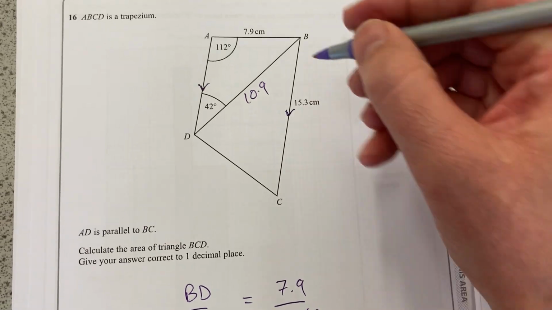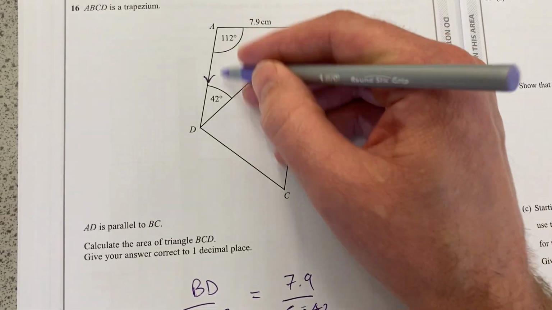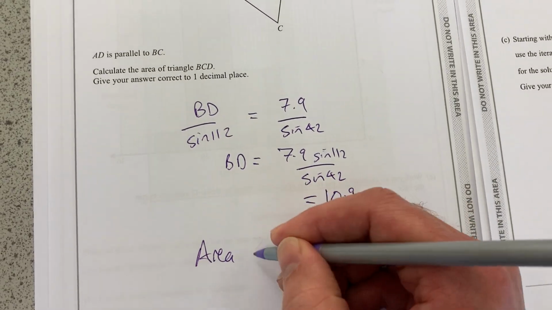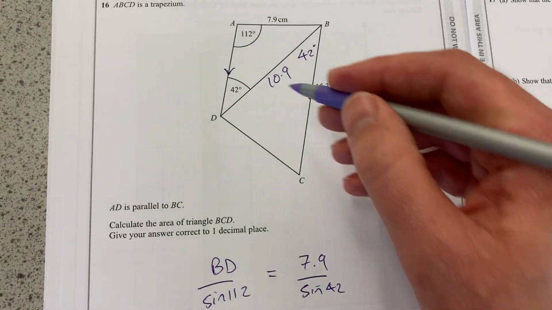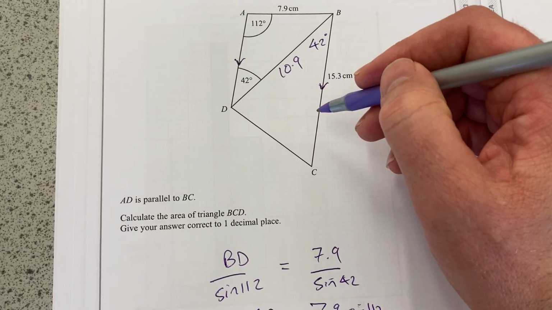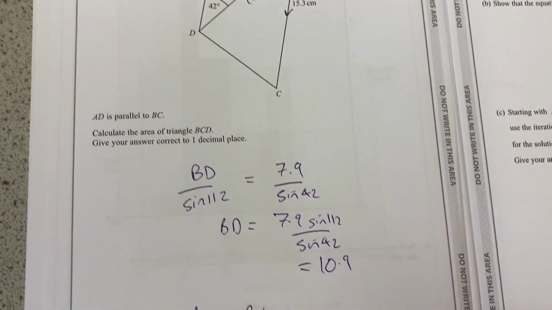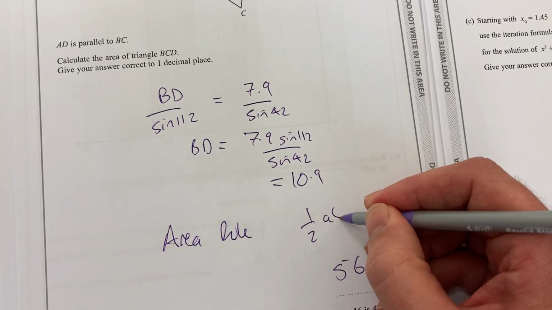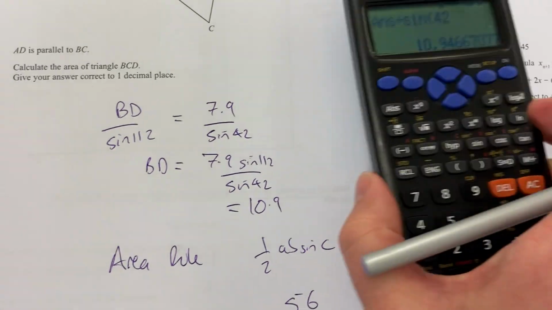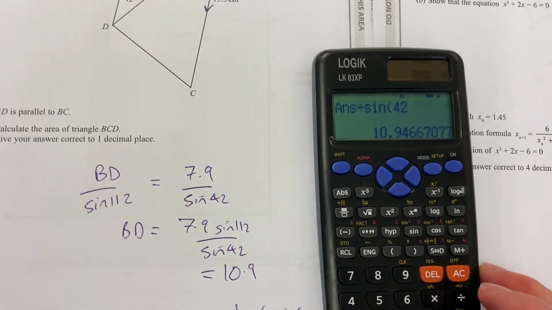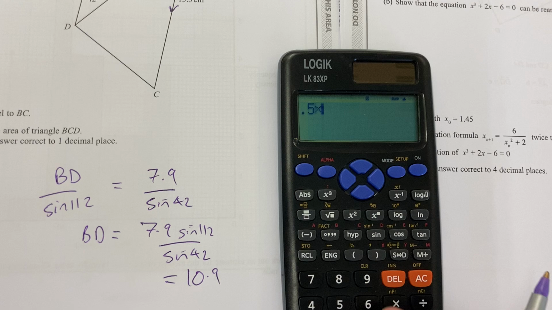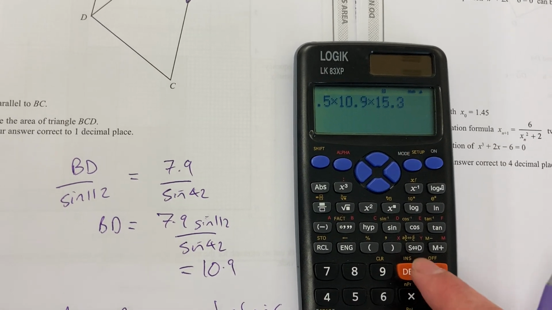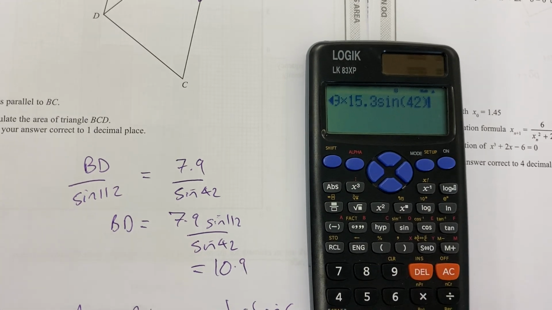These are parallel, so that angle there is also 42 because of alternate angles. And then you'd have to use the area rule if you've got the included angle there. Okay, and you should get an answer of 56. A half, remember it's a half ab sine C. So we could just check that. I'll do 0.5 times 10.9 times 15.3 sine 42.